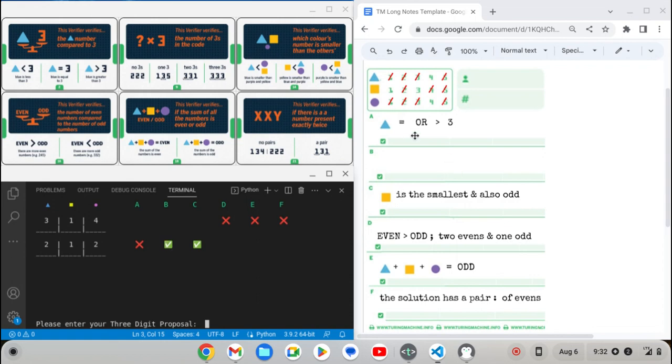So let's go update our notes in B, that there is no 3 in the solution. Okay, so yeah, so it proves the absence of a 3. So let's go ahead and cross out the 3 in square. And so basically that means that the solution is 414. So let's go ahead and type that up.